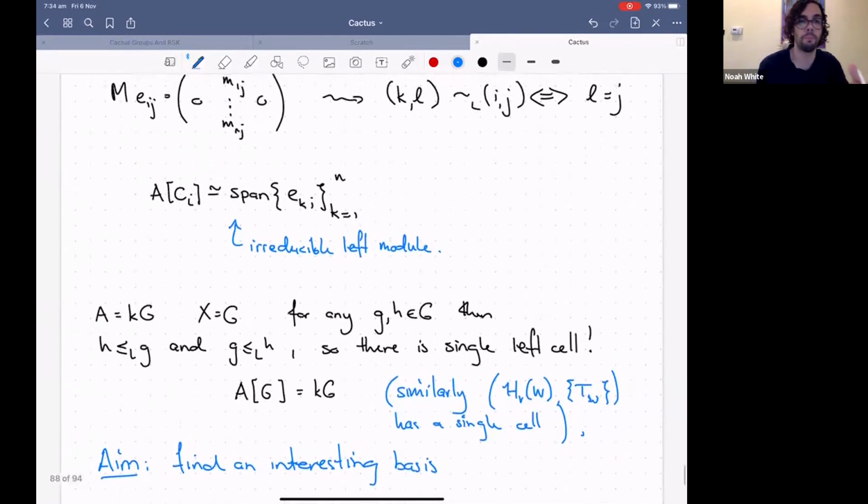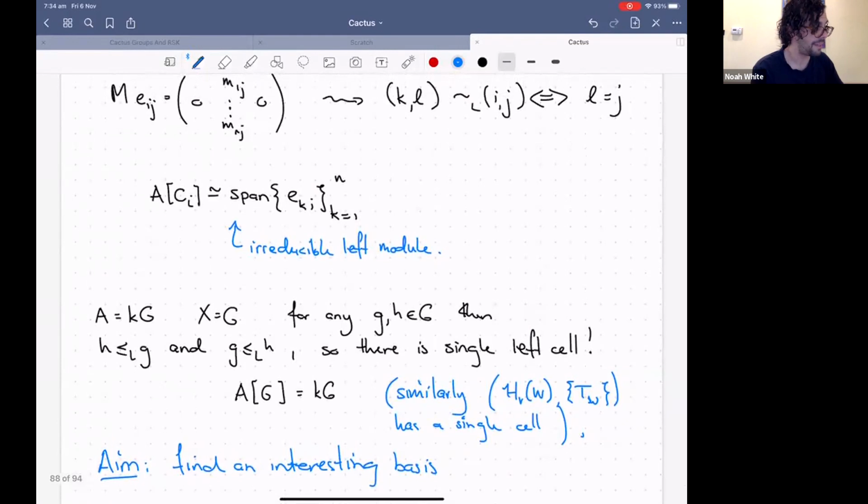And so let me just say very quickly, there is another obvious basis of this algebra that you could choose. This is a semisimple algebra, so it's a product of matrix algebras. You could just do what we did before and take the matrix units, and that would produce all of the irreducible representations.